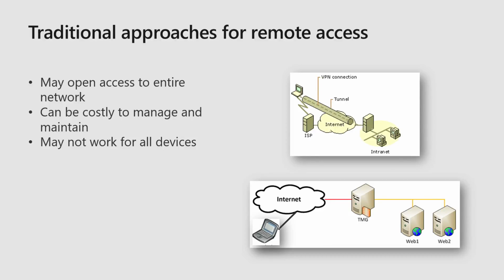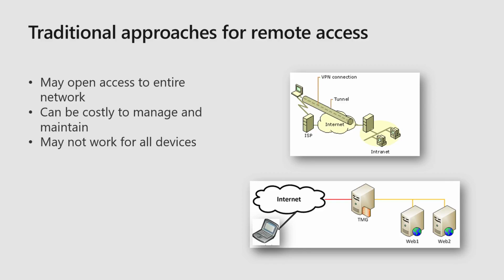All right, so a lot of you probably have on-prem applications for various different reasons. It could be for legal or compliance reasons, or perhaps these apps are just taking a while to move to the cloud and you still need to provide your users access to it. Traditionally, the ways we've seen to provide remote access to this are virtual private networks or threat gateway management systems. However, there are a lot of downsides to these solutions.